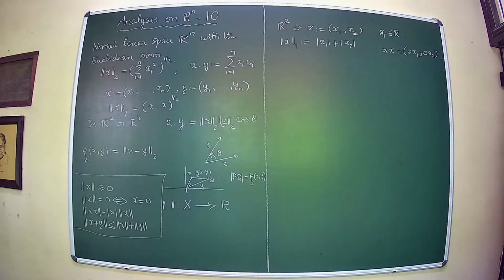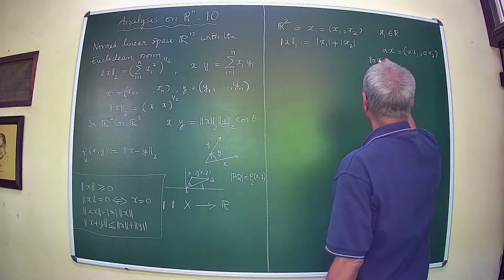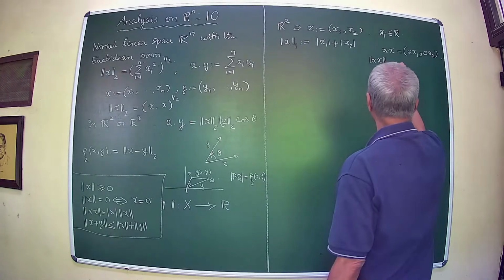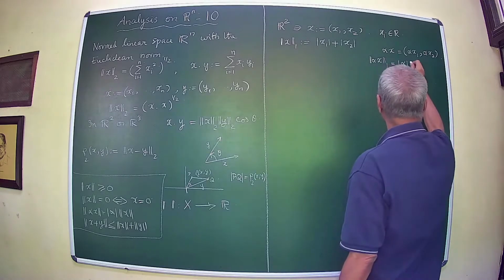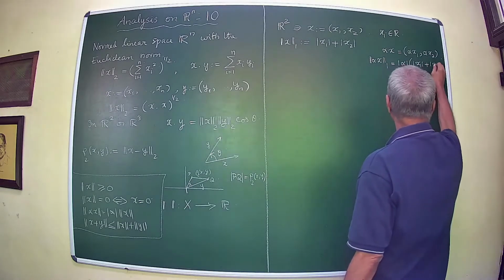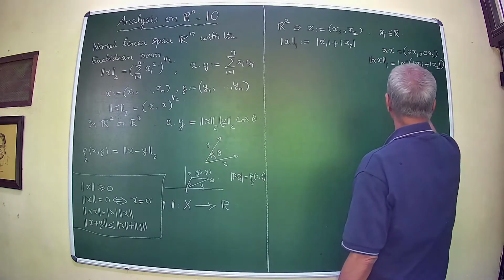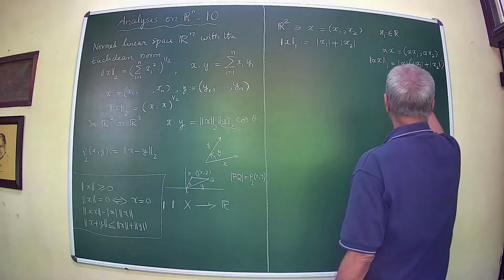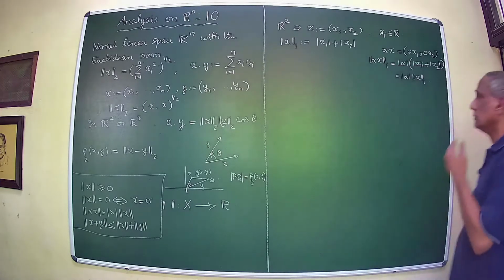So it's equal to mod alpha into modulus of x1 plus modulus of x2, that's equal to mod alpha into norm 1 of x. That is true.